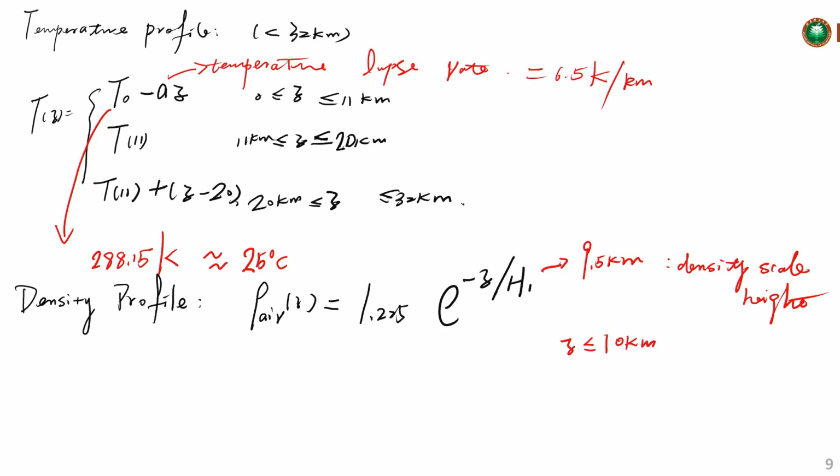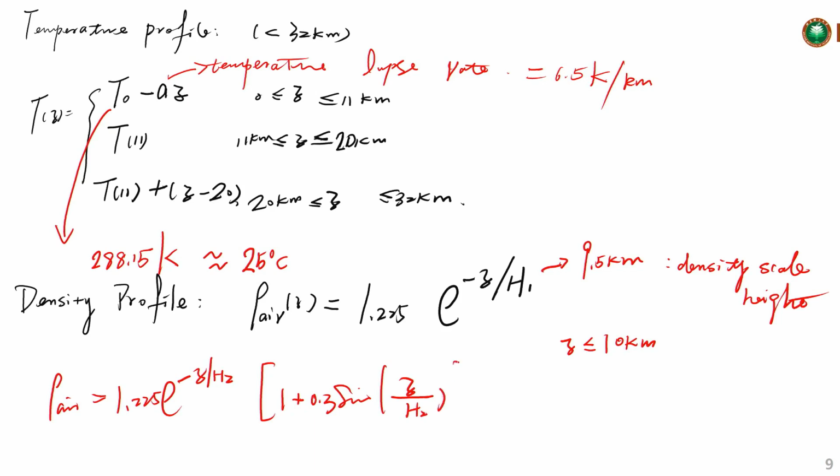So how about if we want to extend it to a much higher height? Then this equation has another, a little more complicated expression: 1.225 e to the minus theta over h2 times 1 plus 0.3 sin of theta over h2.